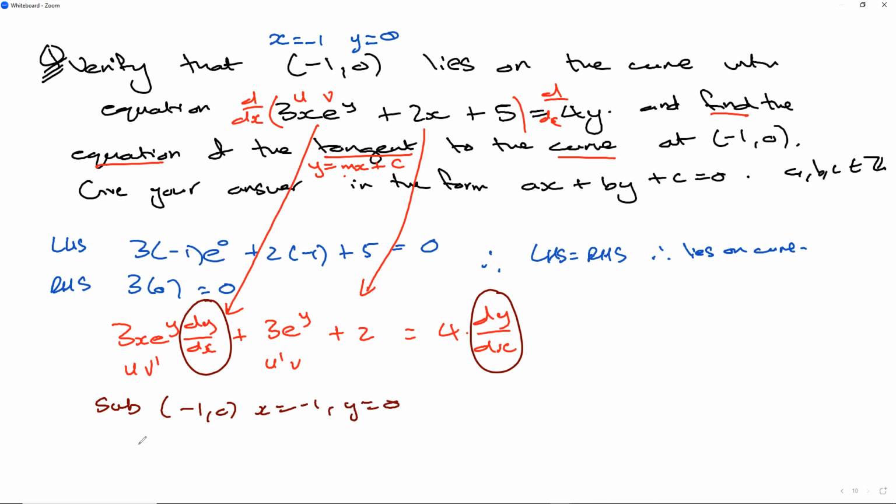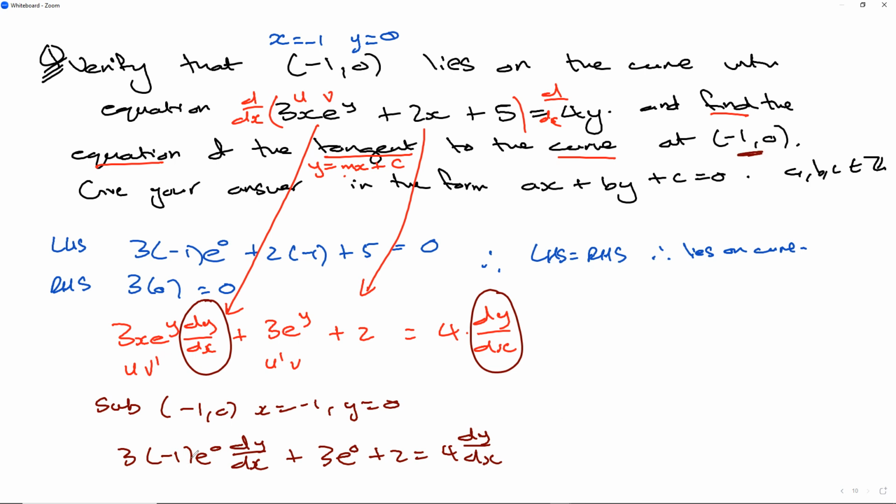If I do that, I get 3 times -1 e to the power of 0 dy dx. Let's keep dy dx. We can't substitute anything in there. 3 e to the 0 plus 2 equals 4 dy dx. This is at that point.